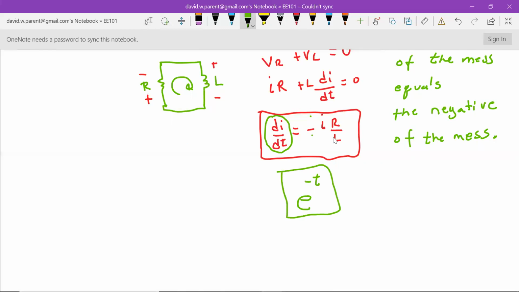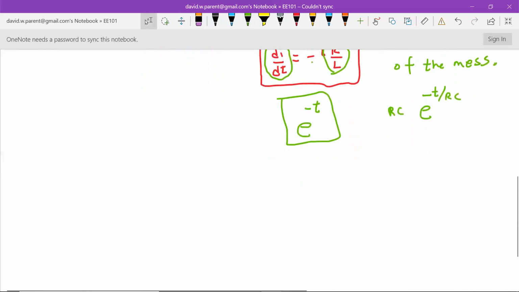Now we know that we've got the RL in there, and from last time, the RC circuit baseline was e to the minus t over RC. Well, how do we have an easy way of remembering this?